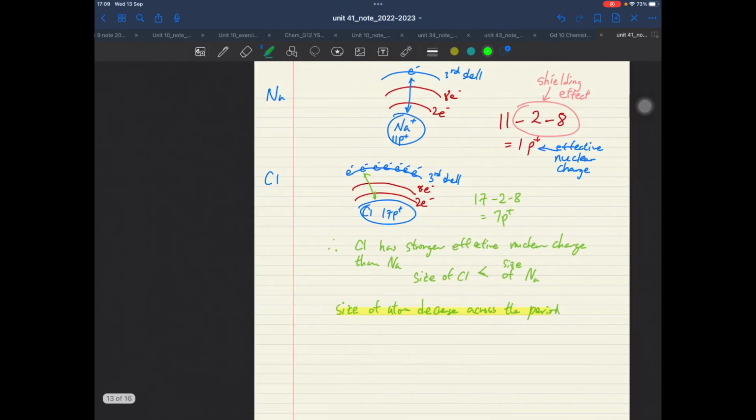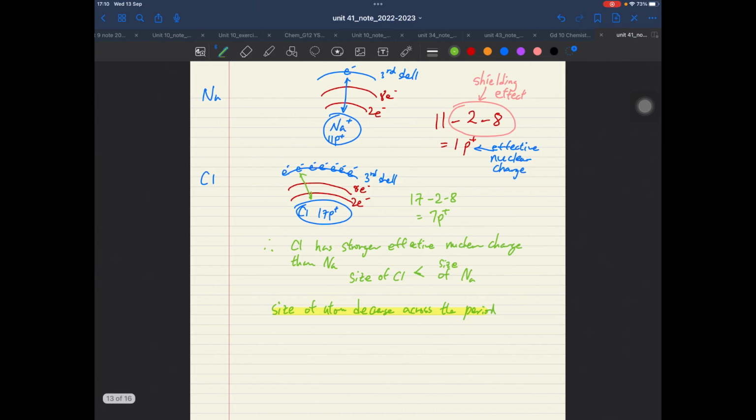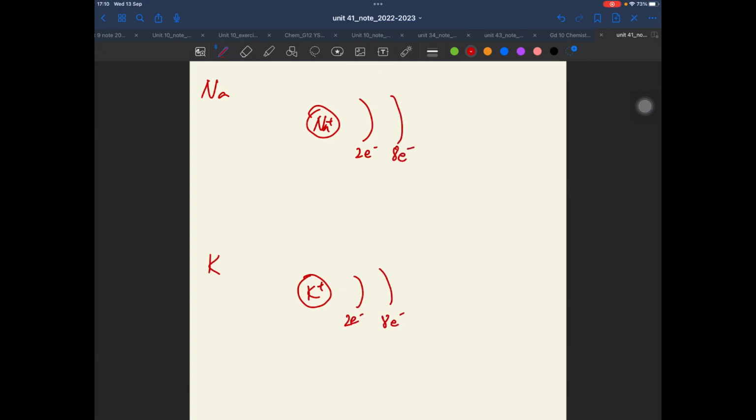So what's wrong? Okay, let's see. And here this time we use a new page. When we discuss down the group, I try to use potassium and sodium as illustration. Both of them are cations with a single positive charge. Again, the first shell has 2 electrons, the second shell 8 electrons.